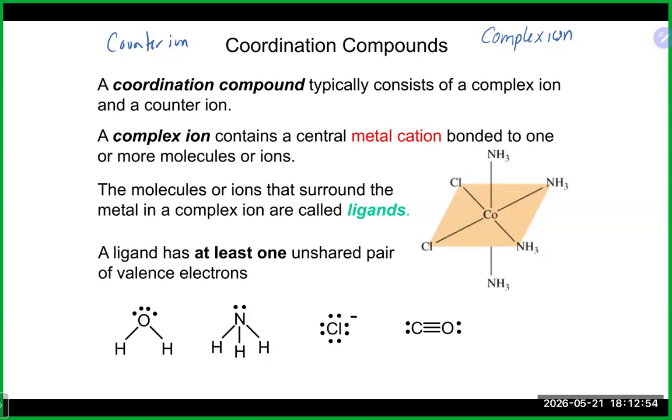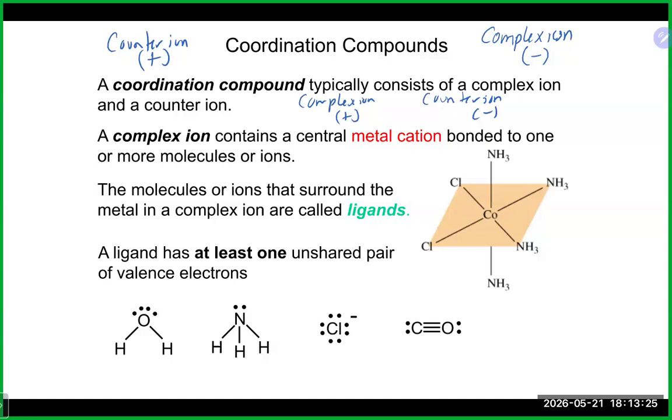Now, it is ultimately really like an ionic compound. And as we will talk about, you could have a positive counter ion to balance out the negative complex ion, or vice versa. You could have a complex ion that's actually positive and a counter ion that is negative.